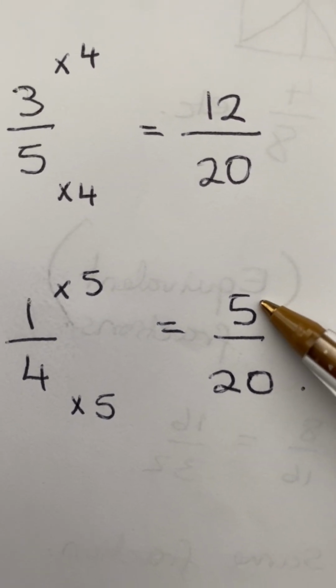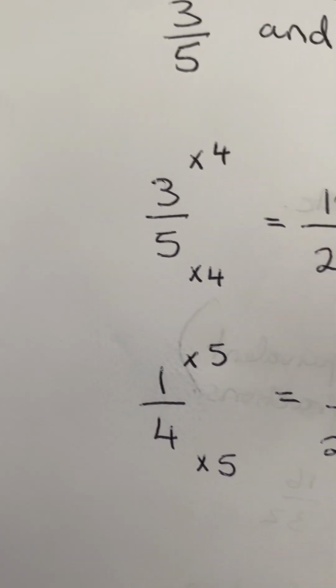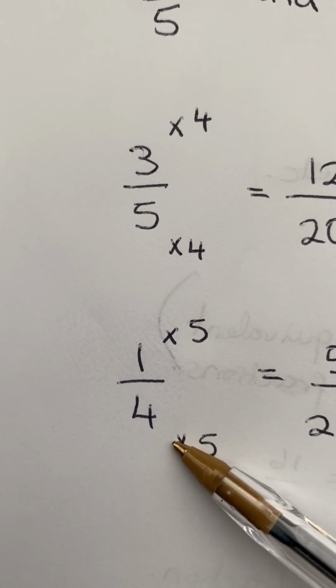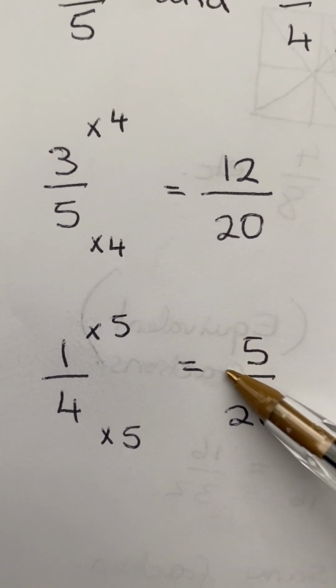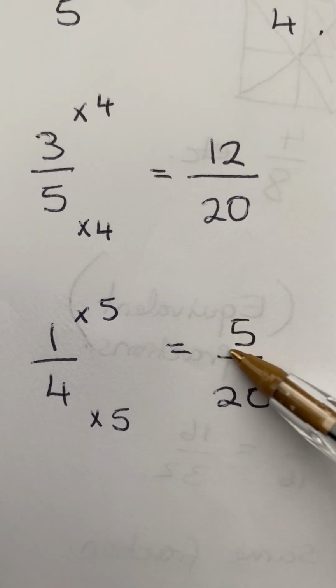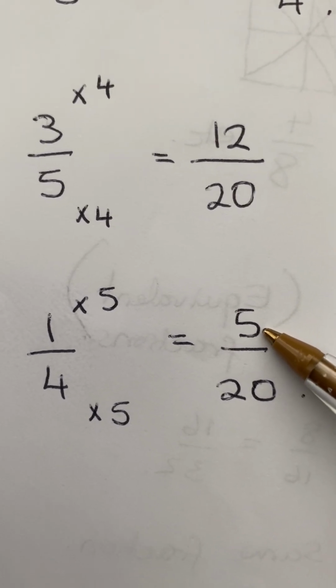So assuming they ask me to compare 3 over 5 and 1 over 4, straight away the number with the smallest numerator will be the smallest fraction.